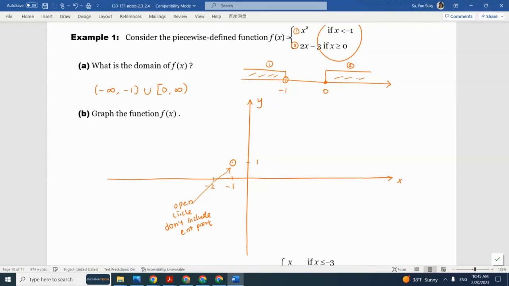What's (-2) squared? 4, right? And 4 right here. And then we connect them smoothly. So it looks like that. It's like a U shape, but we only restrict to x less than -1. Okay, everybody? We only restrict to this part, this piece.